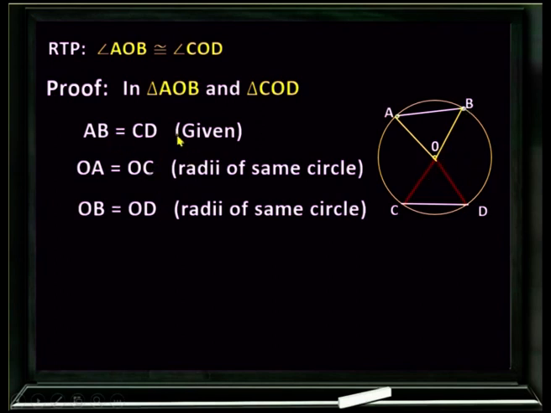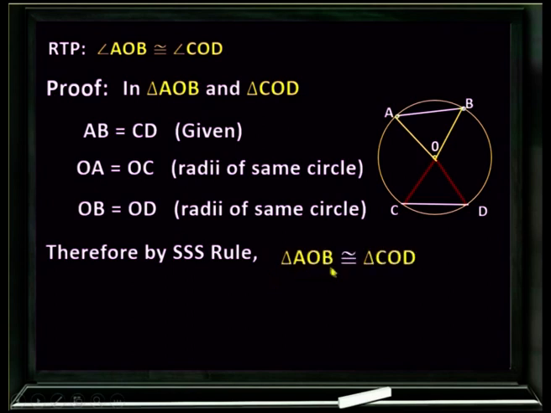So AB is equal to CD, OA is equal to OC, OB is equal to OD. That means three corresponding sides are equal. We can say by the SSS rule, triangle AOB is congruent to triangle COD. So what we find here, triangle AOB is congruent to triangle COD.